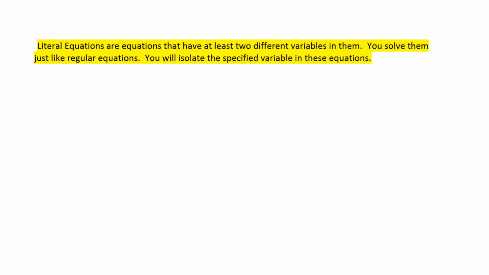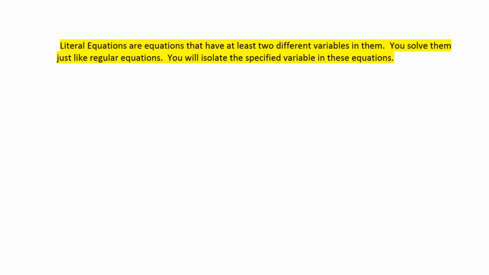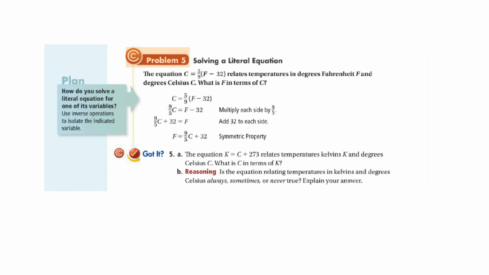Literal equations are special types of equations that have at least 2 different variables in them. You solve them just like regular equations. You isolate whichever variable it wants you to solve for.